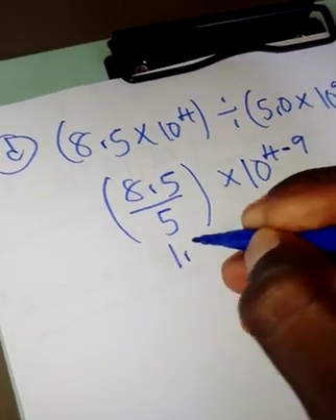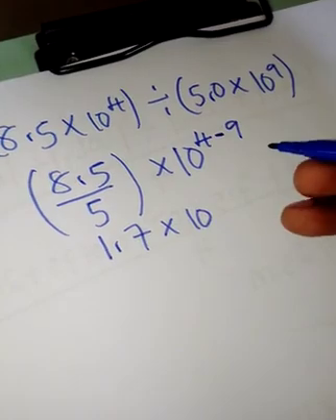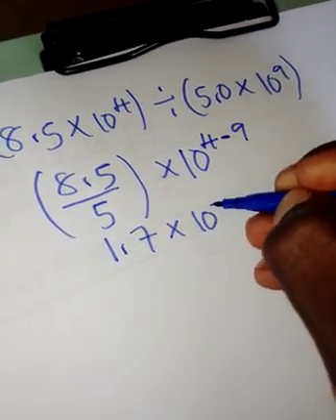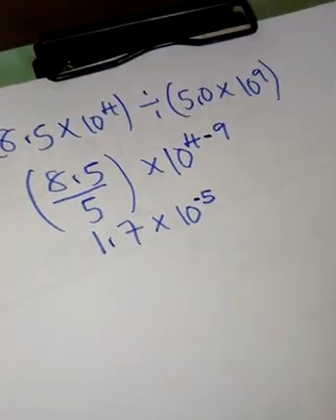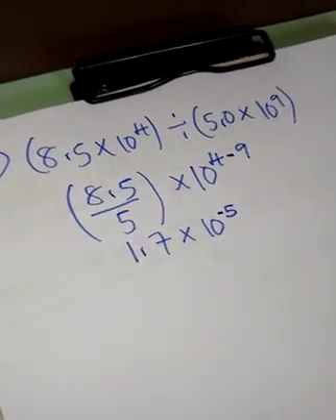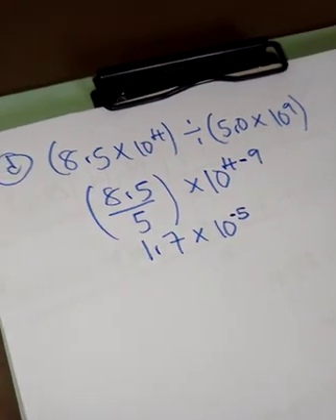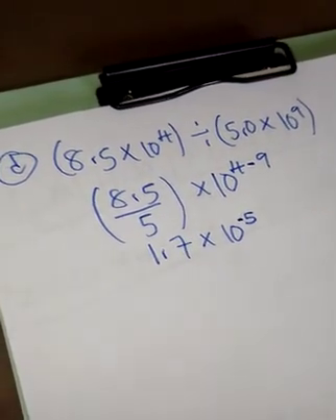So we have 1.7 multiplied by 10 to the power 4 minus 9, which is -5. So that's it. This is how you deal with numbers in scientific notation: addition, subtraction, multiplication, and division.